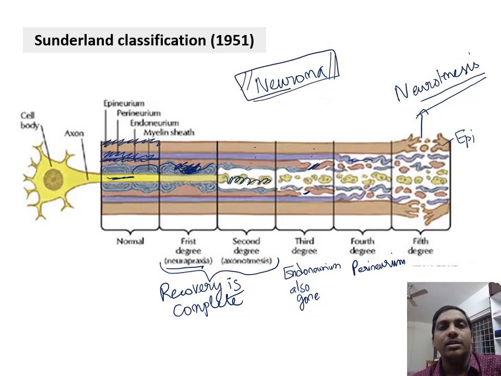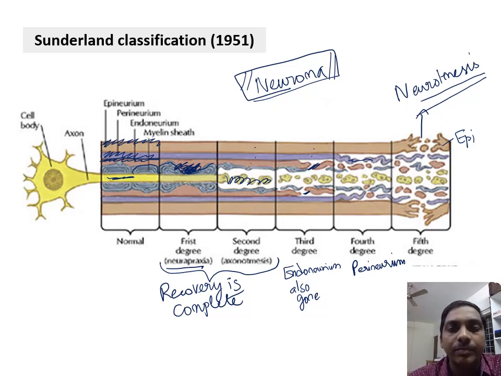Neuroma is nothing but the proximal regenerating axonal sprouts that mix with scar tissue to form a conduction block like structure, that is called a neuroma. Whenever a neuroma has formed, the nerve is unlikely to have a complete recovery.